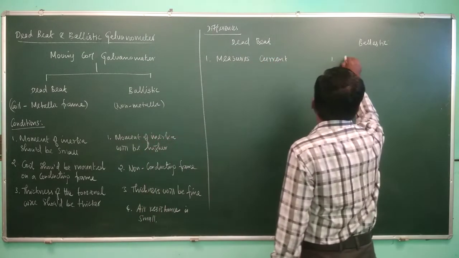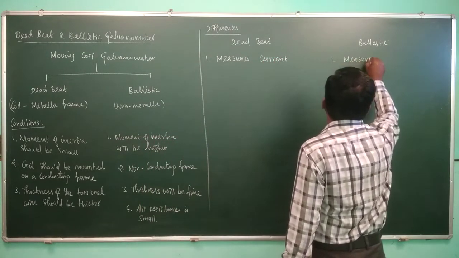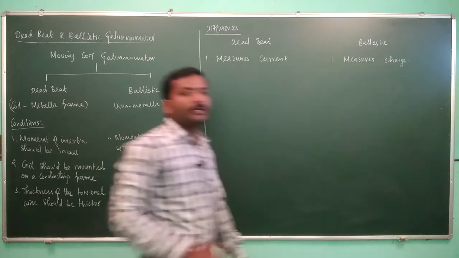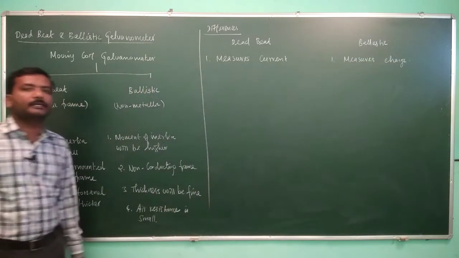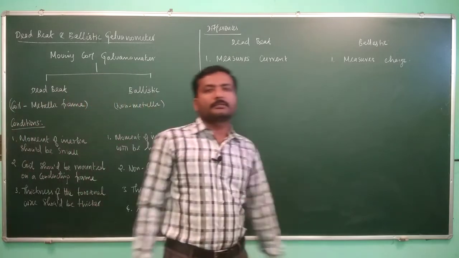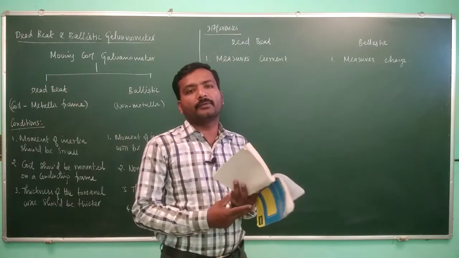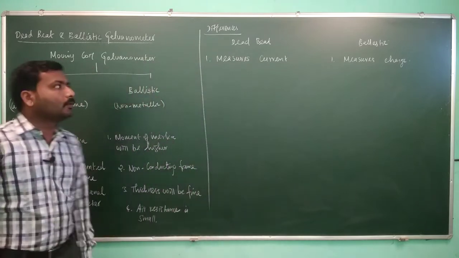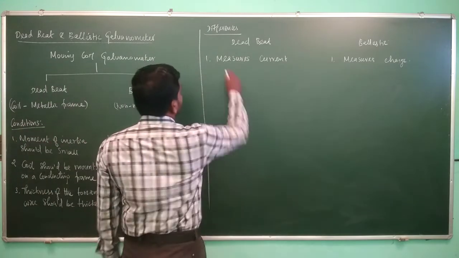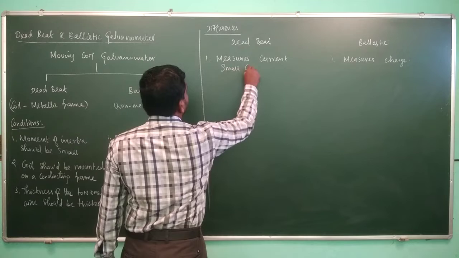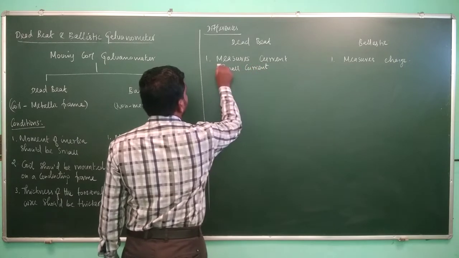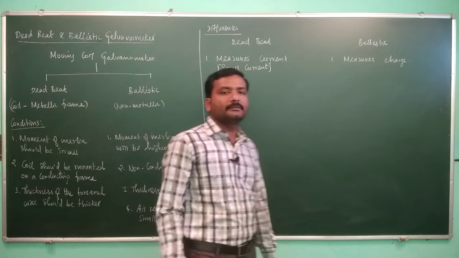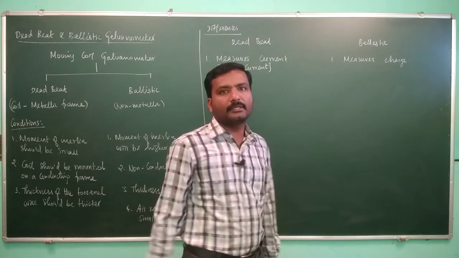Here it measures charge. We are applying constant current through the deadbeat galvanometer, the D'Arsonval moving coil galvanometer, in other words, where we can measure small current, while in the ballistic galvanometer we measure the charge, not the current.